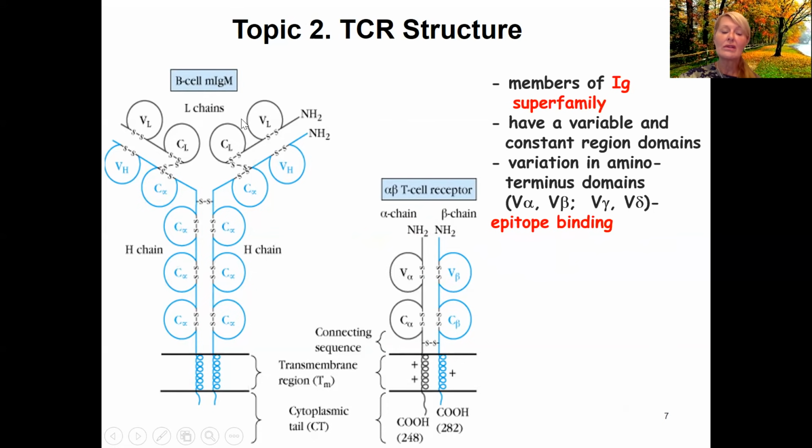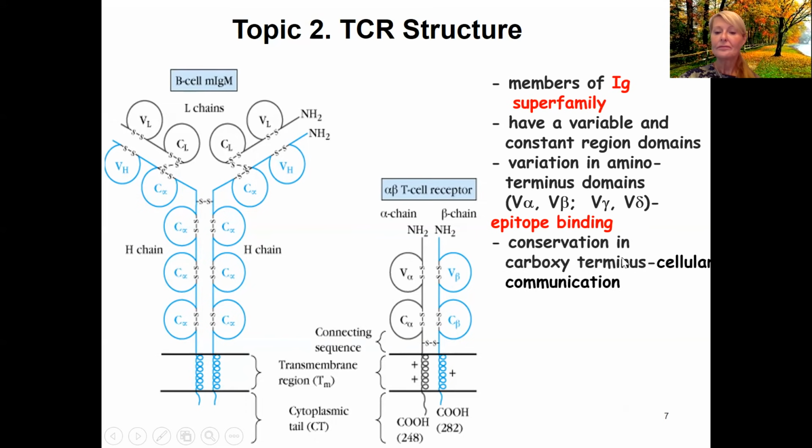Just as antibody binds to its native antigen up here using the variable portions, the same is true, but what the T cell receptor sees is not native antigen, as we learned. It sees MHC plus peptides. It can be alpha beta, gamma delta. We have got some conserved carboxy terminal. This is important for cellular communication. We have the disulfide bonds helping to hold this whole structure together.